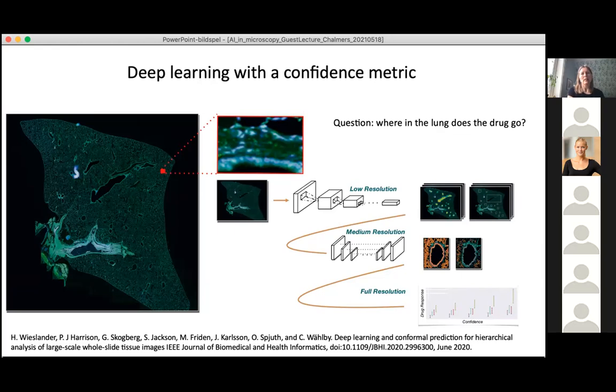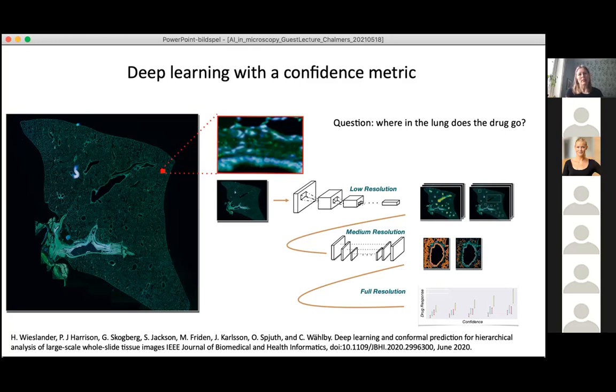So in this particular problem, the question that we want to ask is where in the lung a drug goes. So this is an inhaled drug, and the purpose of the experiment is to see that the drug ends up in the correct part of the tissue.